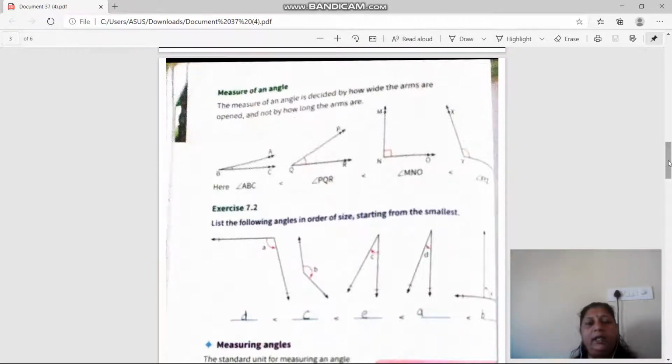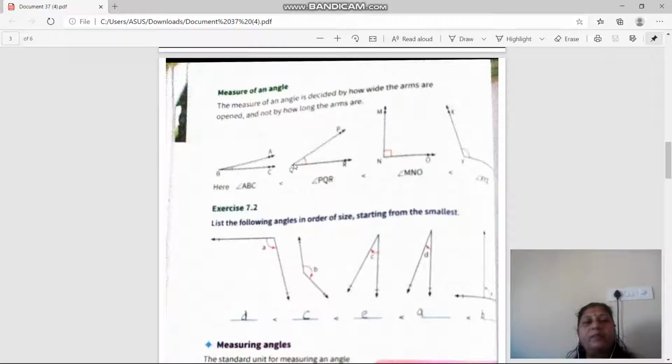Measures of angle. Now just by observing, see here, 2 arms, the width of 2 arms. How wide these arms are depends upon the measure of the angle. See here which arms are here, AB and BC. What is the width between them?